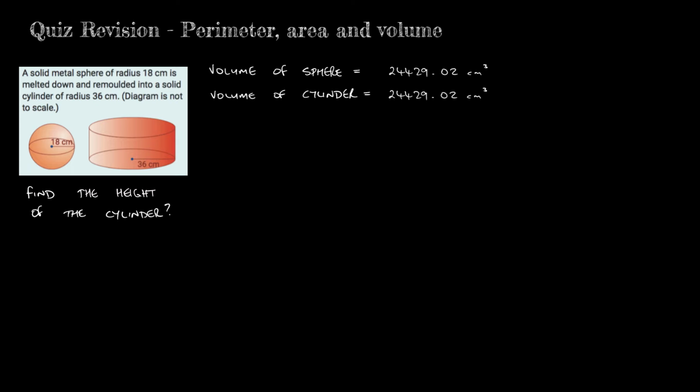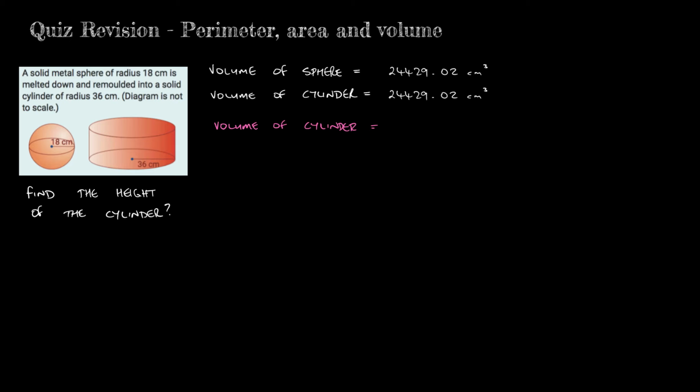Okay, so what we need to look at now is the formula for the volume of a cylinder. A cylinder is a prism because it has the same cross-sectional area the whole way along its length.